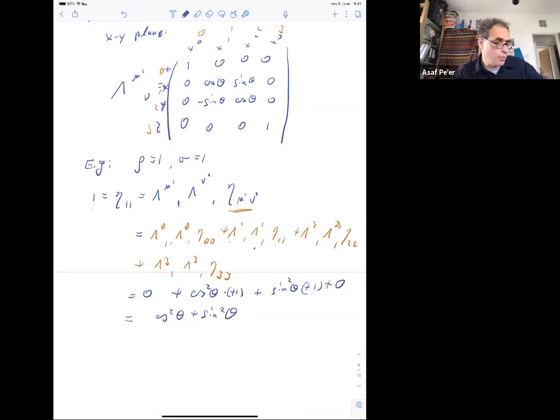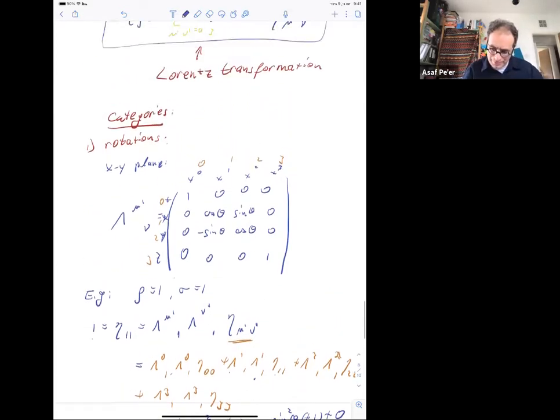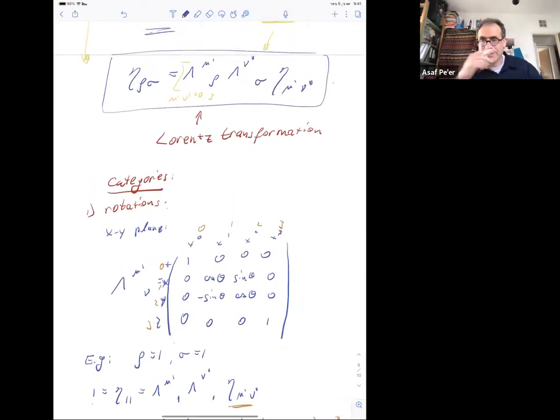So we did one example. You can do all 16. Try this at home. You end up finding that all the terms fulfill this requirement that is written here. And therefore this matrix represents a legitimate Lorentz transformation.